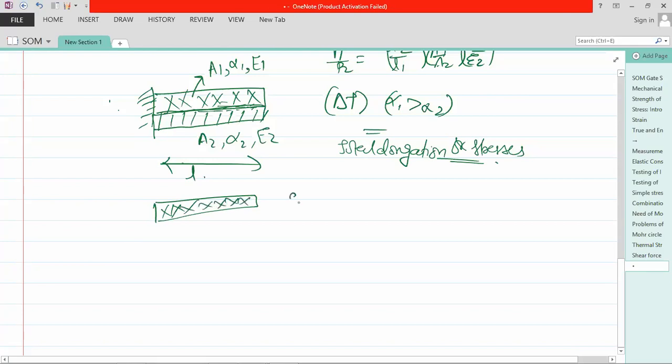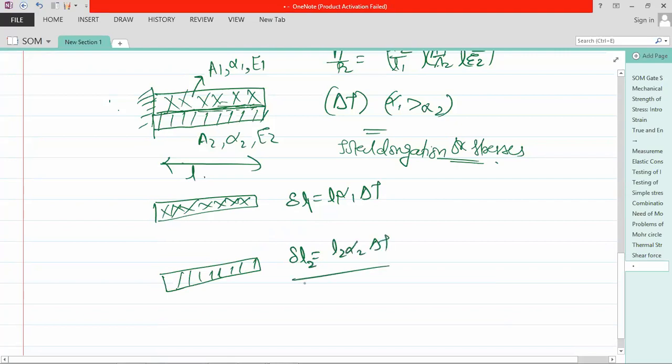The elongation will be delta L equal to L1 alpha 1 delta T, and for the material below, delta L is equal to L2 alpha 2 delta T. It is given that alpha 1 is greater than alpha 2, meaning delta 1 is greater than delta 2, so this will elongate more and this will elongate less. But as you know, this is glued, and glued means it will not separate.